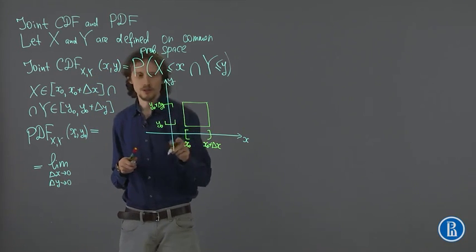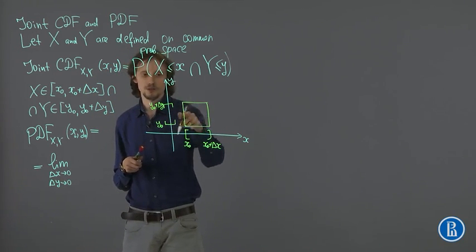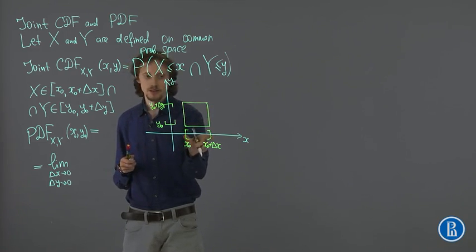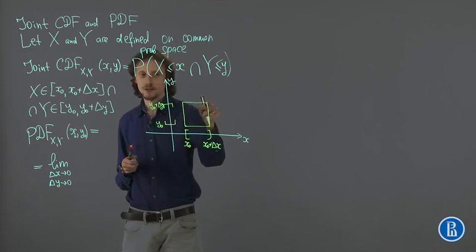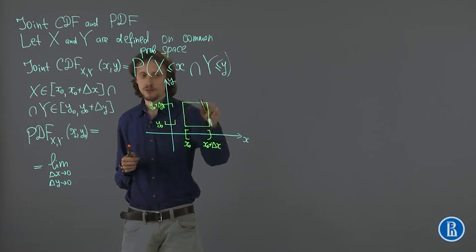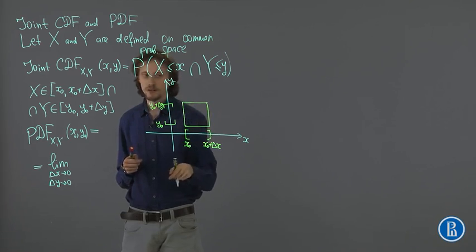And we are interested in the probability of getting into this rectangle, but again, as delta x becomes smaller and delta y becomes smaller, this rectangle becomes smaller, and the probability of getting there becomes smaller. So we are interested in the relation between this probability and the area of this rectangle, and this area is delta x times delta y.